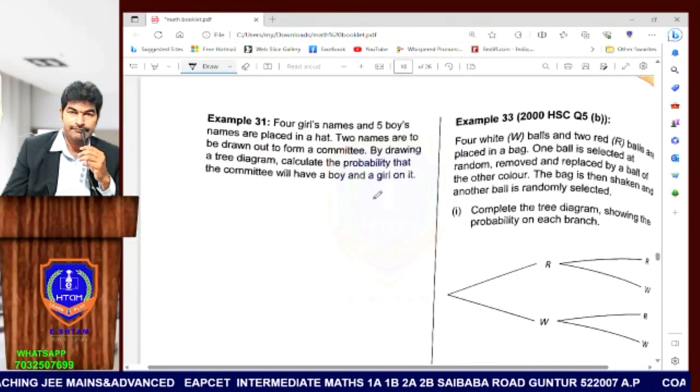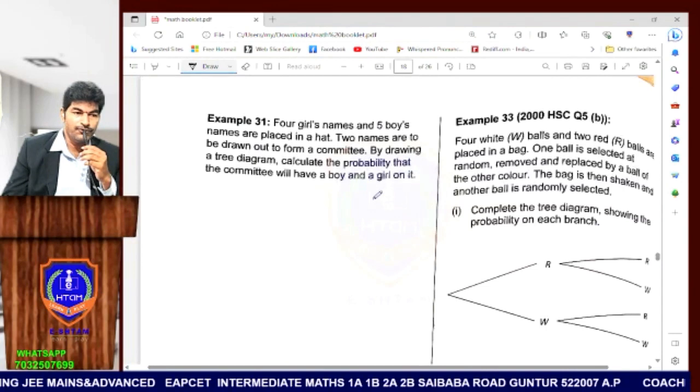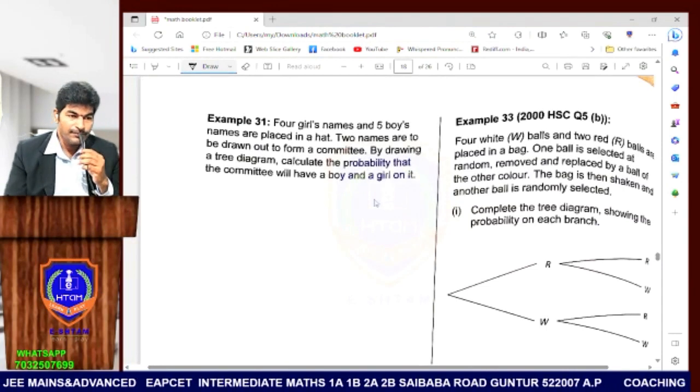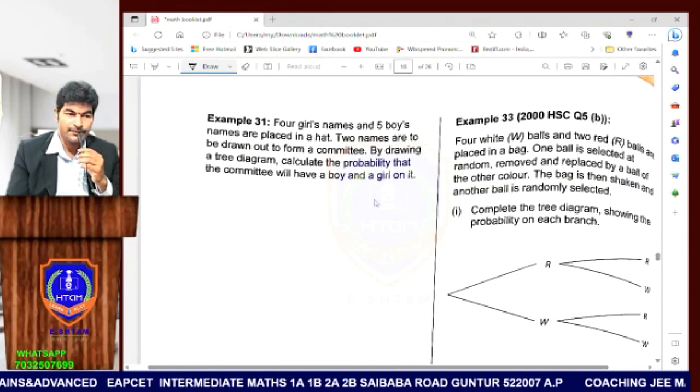Understood? Yeah. Next, 4 girls names and 5 boys names are placed in a hat.